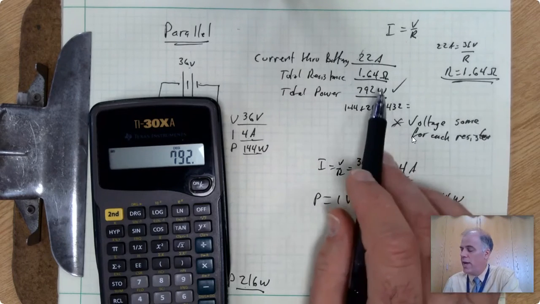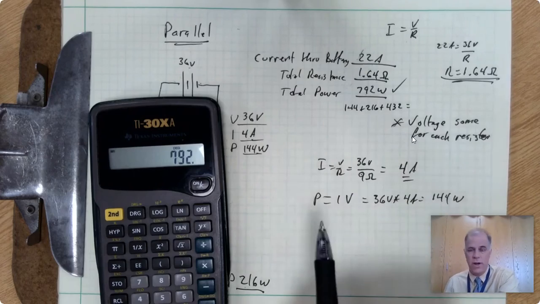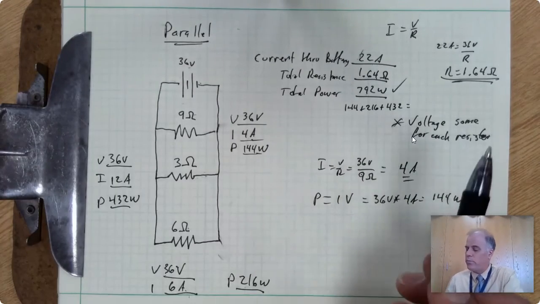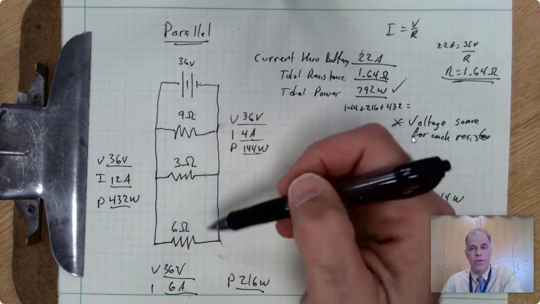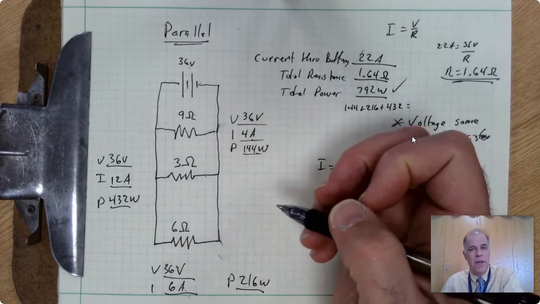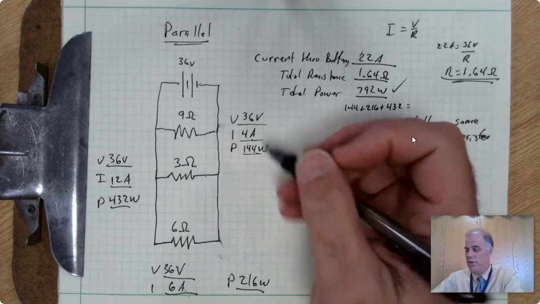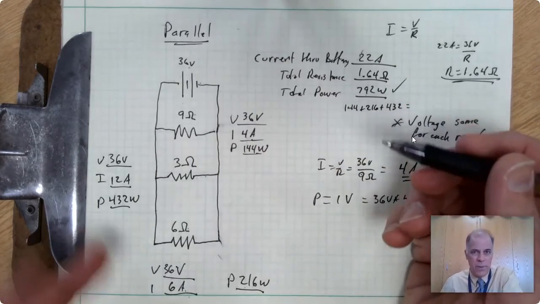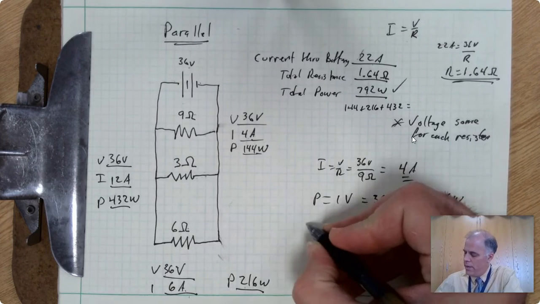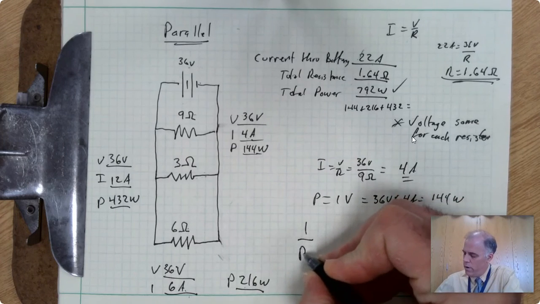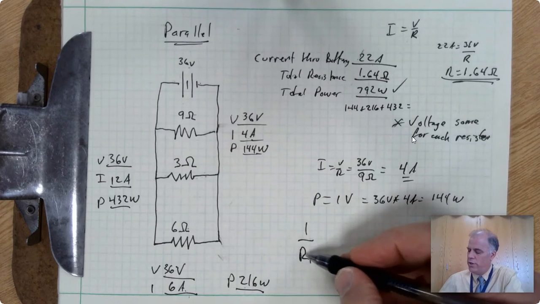Now, how can we check the total resistance here? If we want to find the equivalent resistance of the whole circuit for parallel, the equation is a little bit more complicated than just adding them up arithmetically like we could with the series circuit. So here's the equation. It's 1 over RT, which is the total resistance.